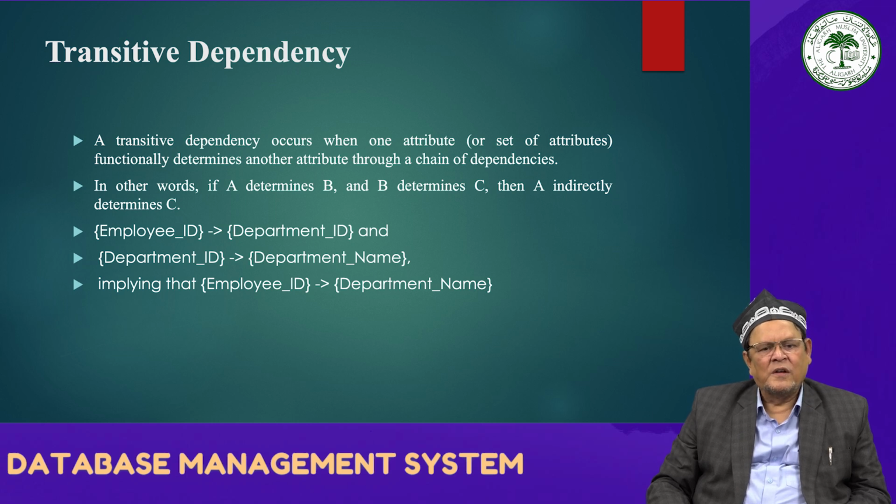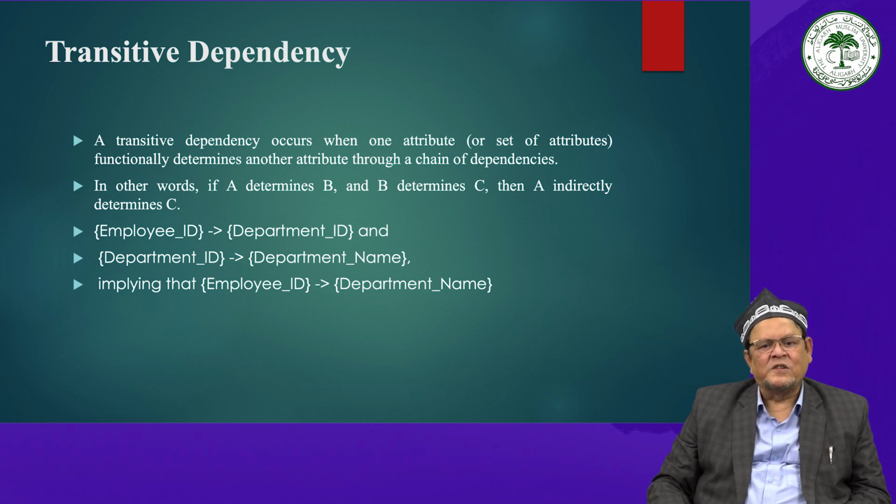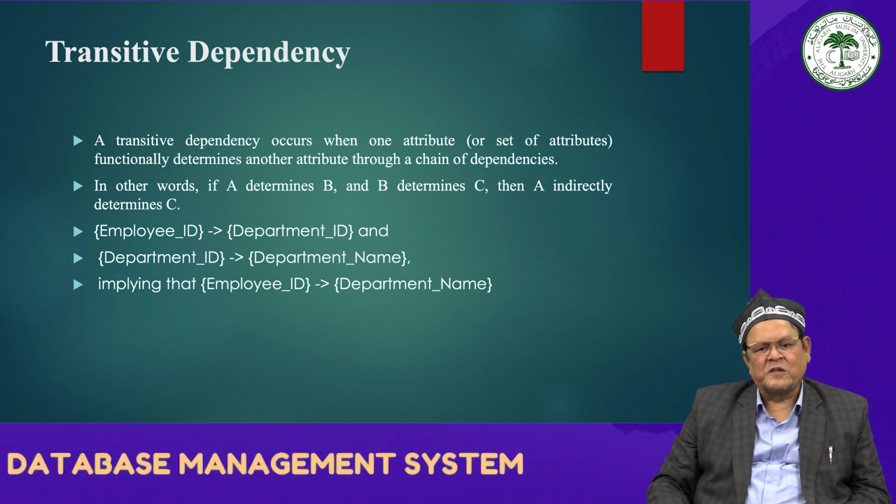For example, consider a table where employee ID determines department ID and department ID determines department name. In this case, employee ID determines department name transitively.